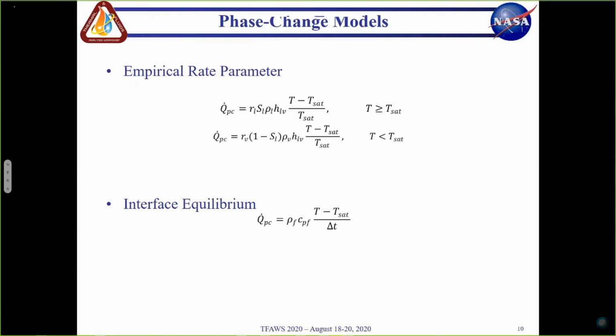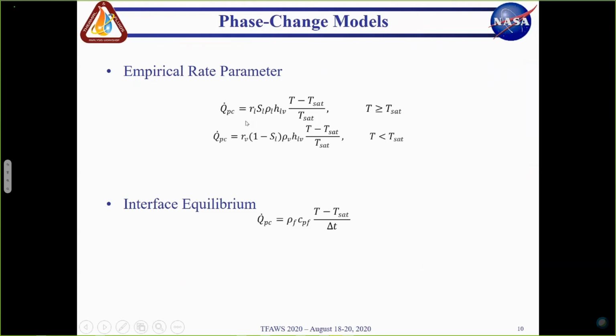For this model, from the energy equation, we can find the temperature profile, or temperature gradient, of the domain. Now that we know the temperature of every cell of the domain, when the temperature of any cell is greater than the saturation temperature, this QPC will help to evaporate, and when the temperature is less than the saturation temperature, this QPC is used for the condensation.